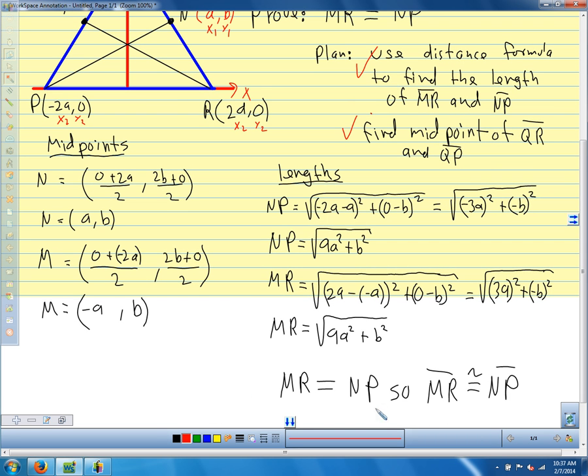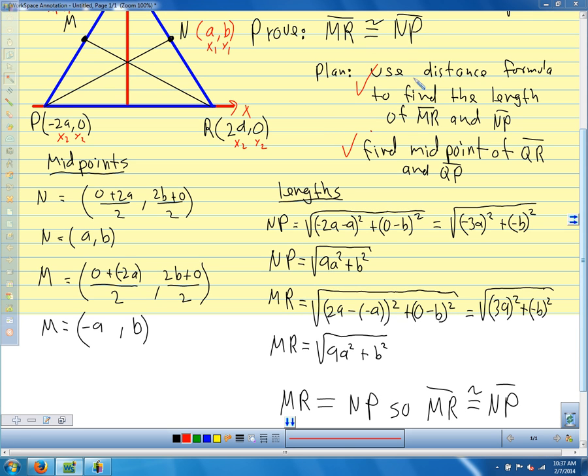That was the second part of my proof, and that's what we were trying to prove, that MR is congruent. Found the midpoints, use a distance formula to find the lengths, and compare them. So that's one example of the type of proof that you can do using coordinates, all just using the formulas that we talked about on block.